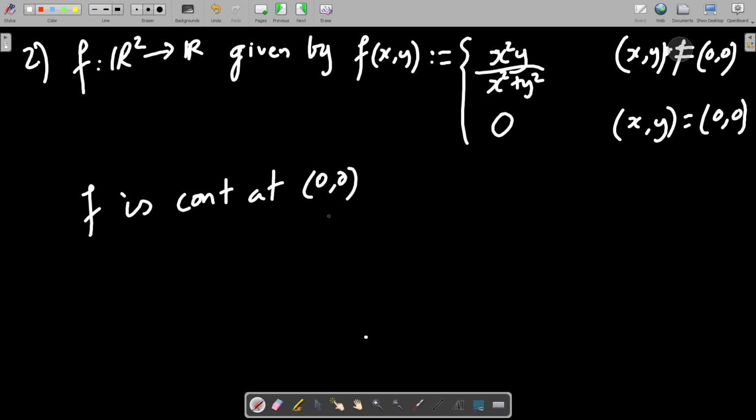Okay, this will require a proof. I'm not 100% sure if you have done this example, but I'll just briefly explain what is to be done. You have to put x equal to r cos theta, y equal to r sin theta.